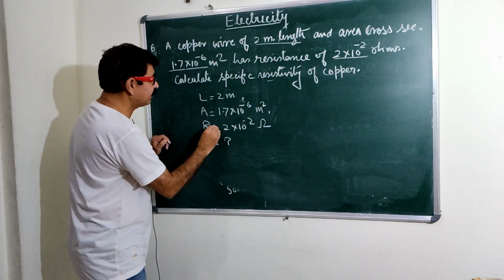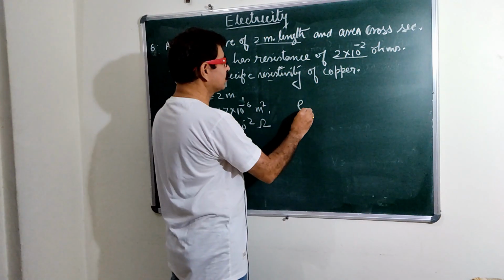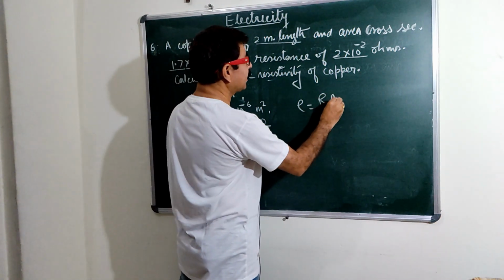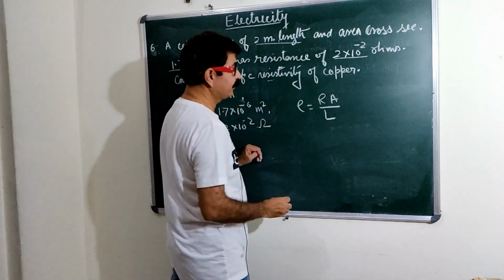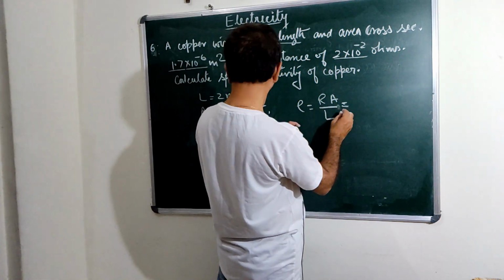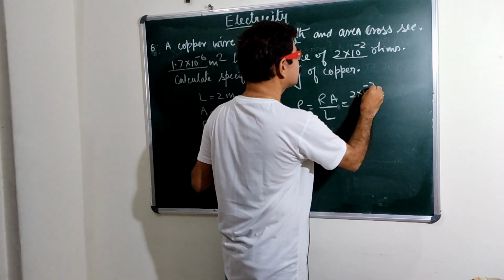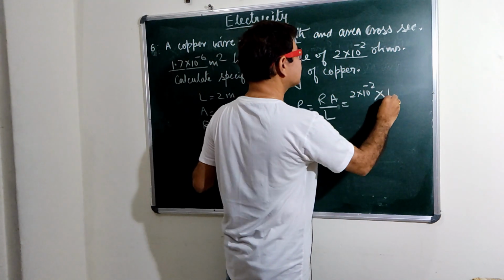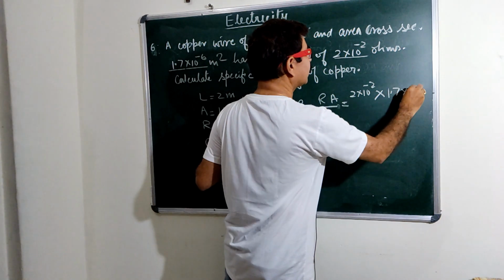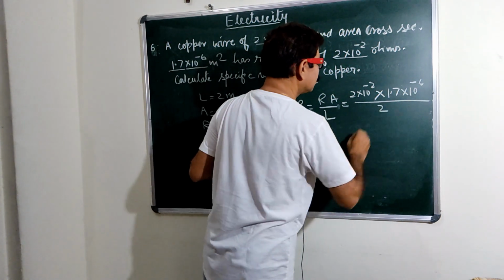Again, it is based on direct formula. Resistivity, that is rho is equals to RA upon L. R की value we are aware, that is 2 into 10 to power minus 2. Area cross section 1.7 into 10 to power minus 6 meter square, and the length is 2.